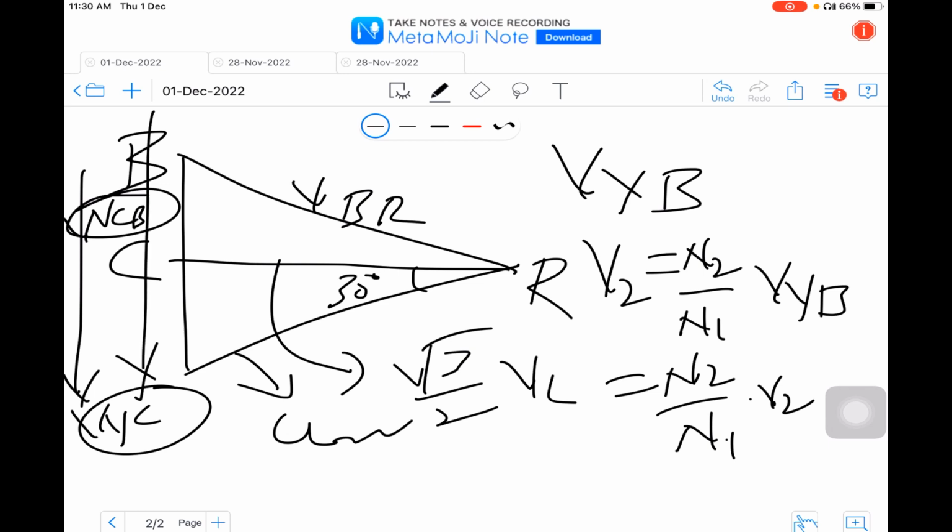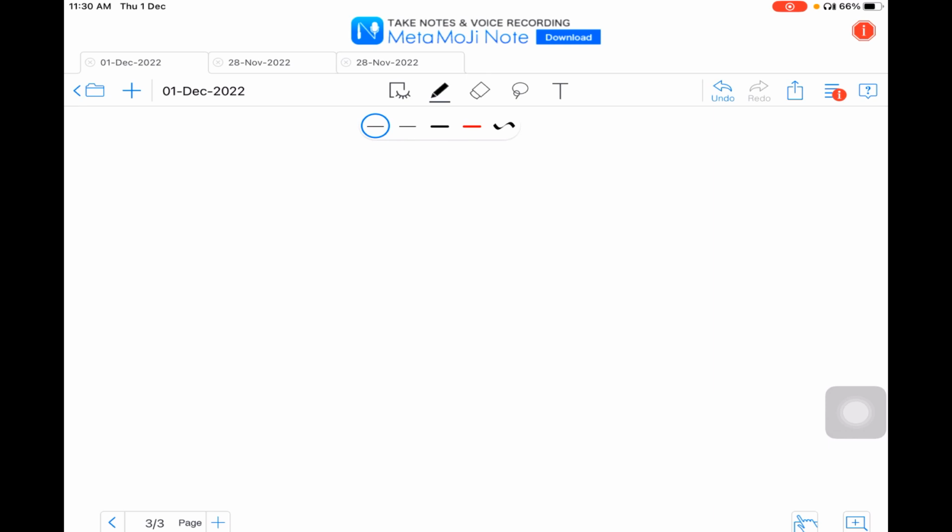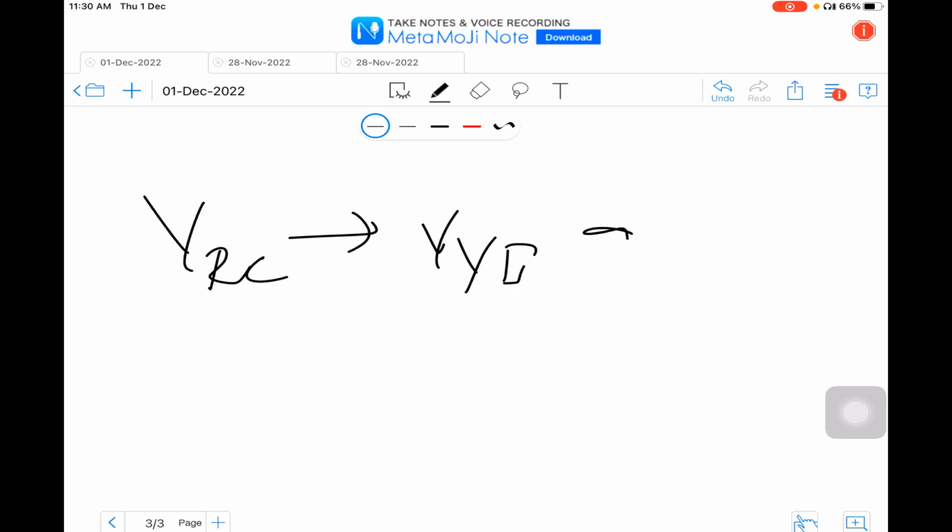So VYB is the total voltage. VRC leads VYB by 90 degrees. VRC is applied to the primary of the teaser transformer, and hence the secondary voltage V1 of the teaser transformer will lead the secondary voltage V2 by 90 degrees, as shown in the figure.